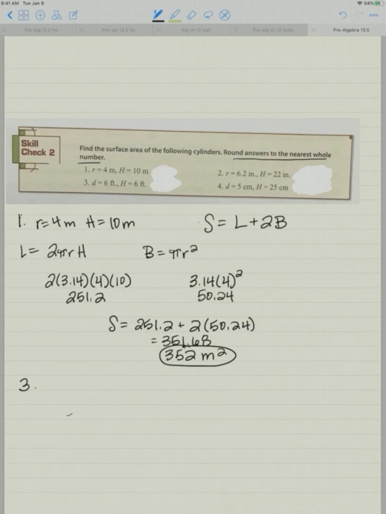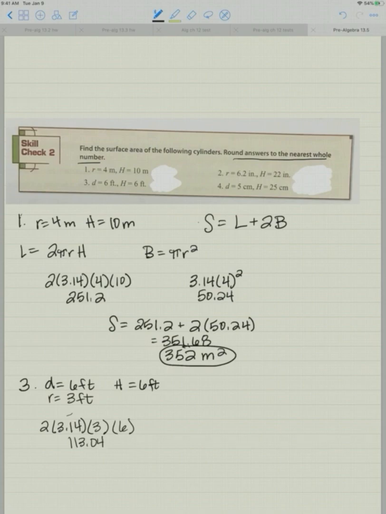Let's do number 3. D is equal to 6 feet, H is equal to 6 feet. All right, so D is equal to 6 feet. Catch that: the radius is equal to 3 feet. Lateral surface area, 2 pi r h: 2 times 3.14 times the radius, 3, times the height, 6. 2 times 3.14 times 3 times 6 is 113.04.